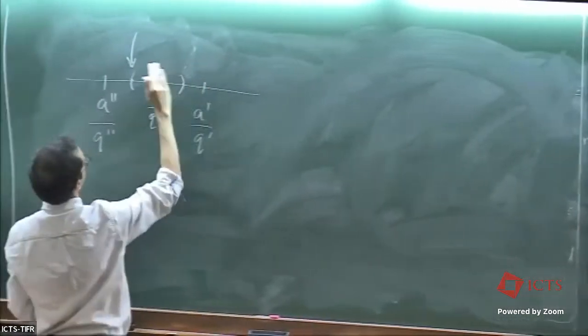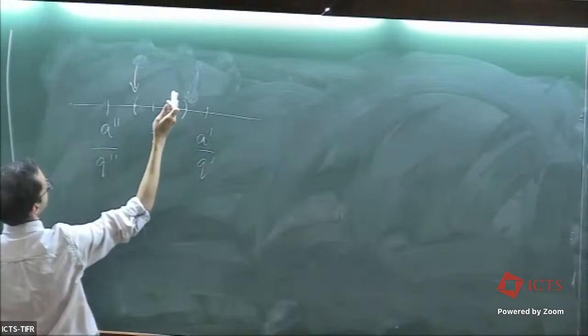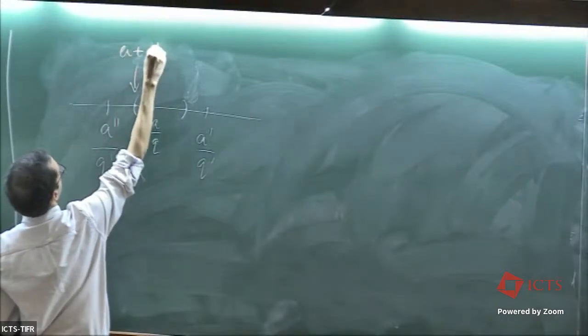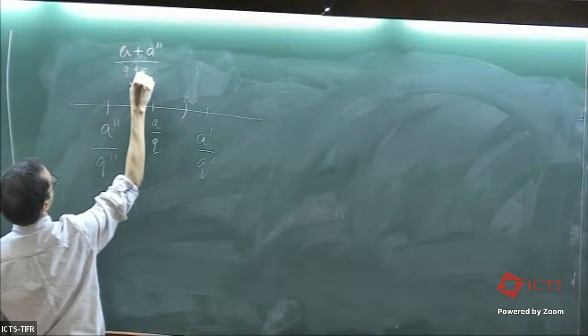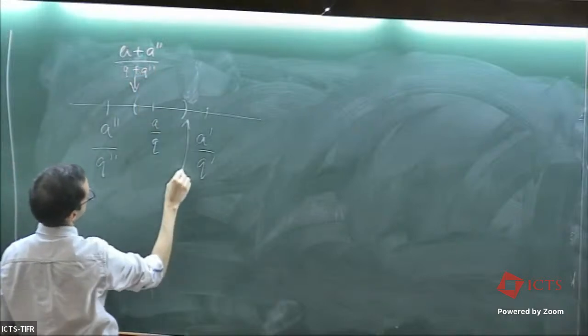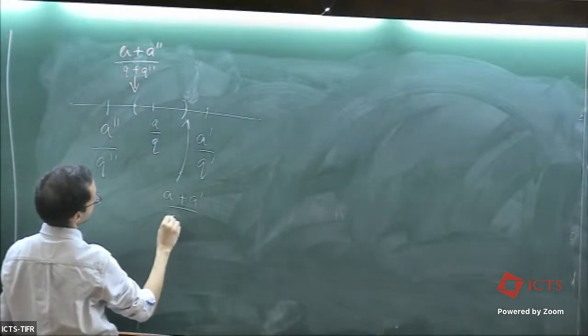The median right here will look like a plus a double prime over q plus q double prime, and the median right here is a plus a prime over q plus q prime.